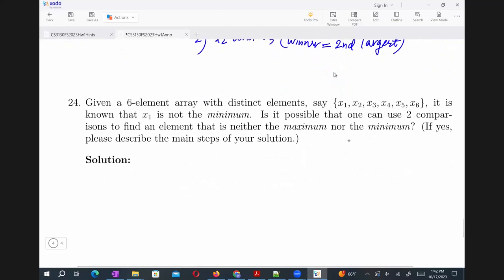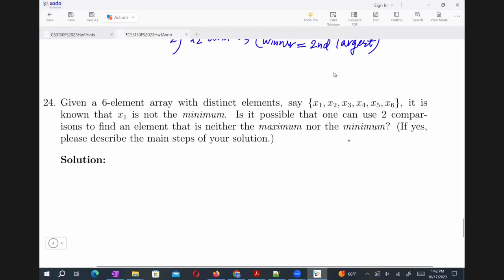Number 24. This is the hardest one in this assignment. All right. Answer, solution, yes. Let me tell you how. Some students were very close to this final solution, but still, they missed one critical part. So the right way, the first comparison should be very careful. Okay?